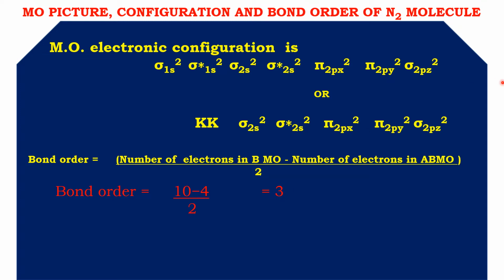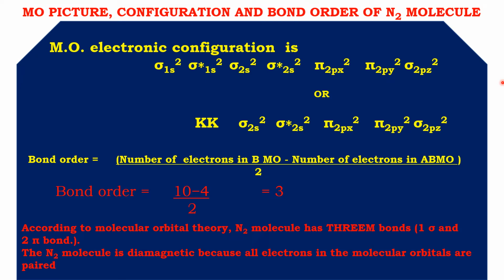This clearly indicates that the nitrogen molecule contains a triple bond. The N2 molecule has 3 bonds, 1 sigma and 2 pi bonds.